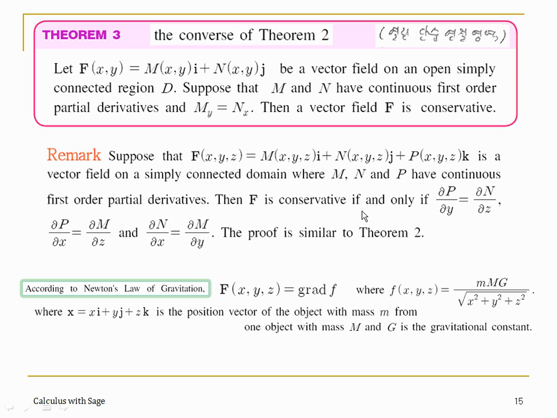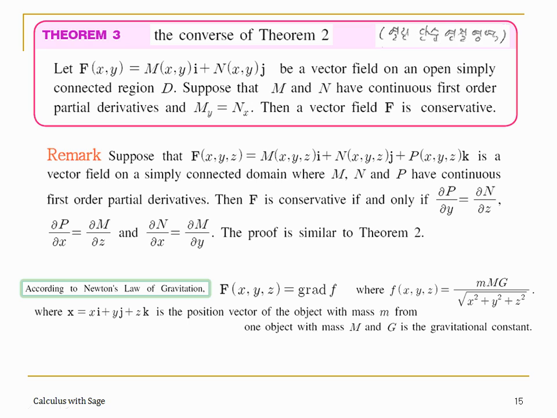The reason that we learn this concept is that it is very popular in physics applications. According to Newton's law of gravitation, when F is given like this, F(x,y,z) is little m times capital M G over the square root of x squared plus y squared plus z squared, where X is a position vector (x,y,z) of the object with mass m from the object with mass capital M, and G is the gravitational constant.